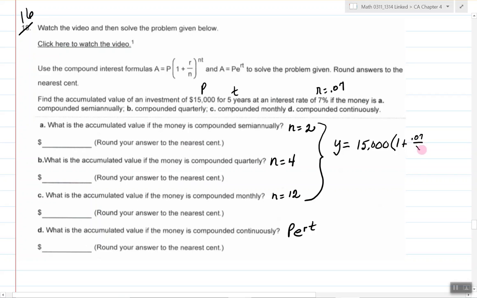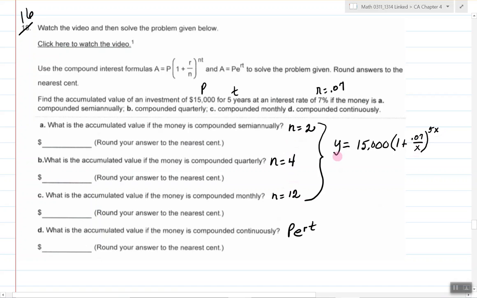The N. So I'll put an X there, raised to the NT power, but instead of N times 5, I'm going to put 5 times N, which is actually X. The thing that keeps changing, the independent variable, which is X, is the N, so I put an X there. What am I looking for? The Y.